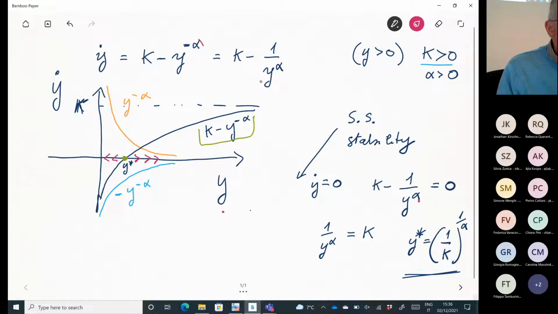So there is some decay rate, but the larger is the stock, the smaller is the decay rate. There is some effect of saturation here. This is a possible model. We could have different models, but let me see what this model implies, okay?